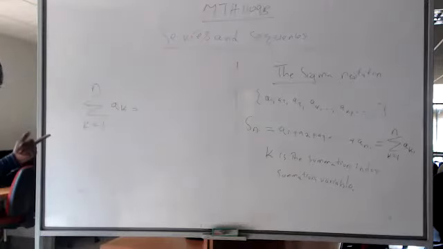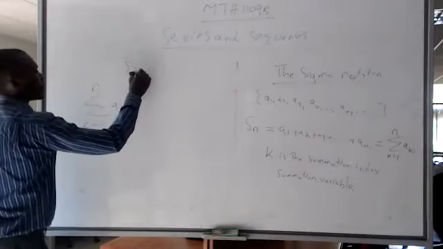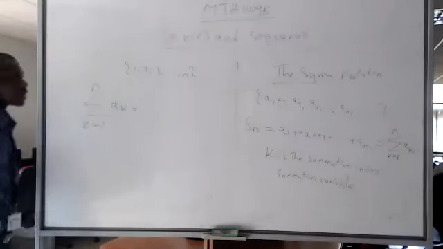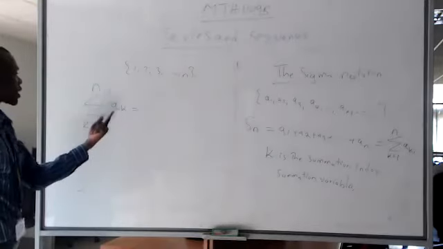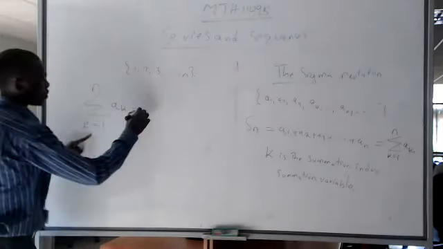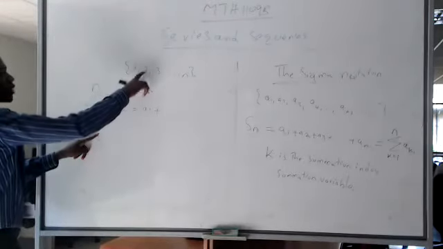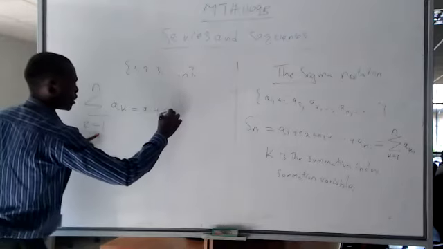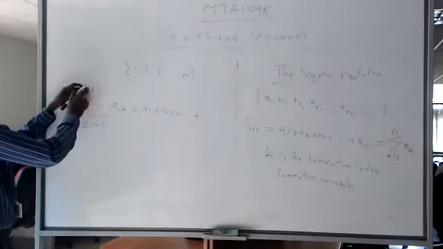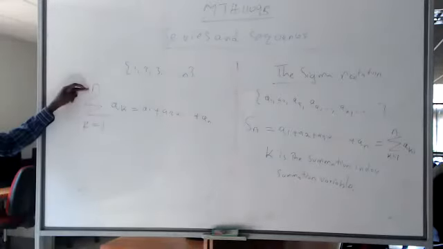And the definition, this simply means you're running through a list of values 1, 2, 3, all the way to n. And at each and every value, you replace k with that value. So at 1, I will have a1. So I will have a1 plus, at k is 2, I will have a2 plus, and I continue with this up to n. So at n, I will have an.